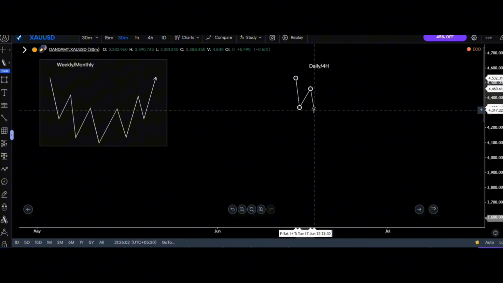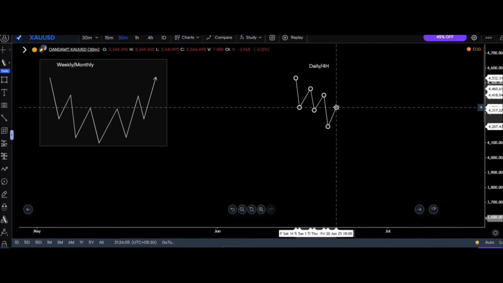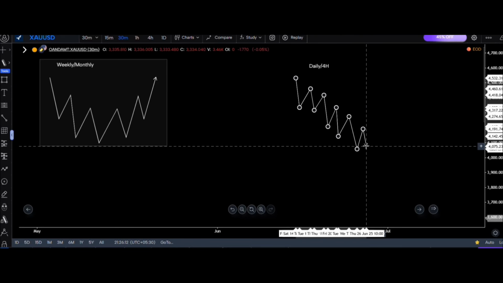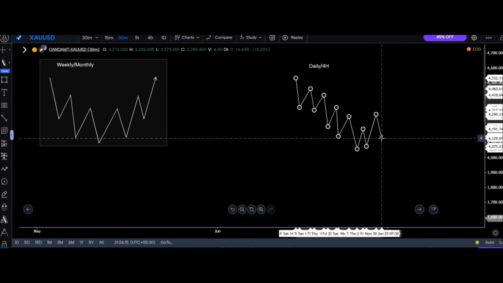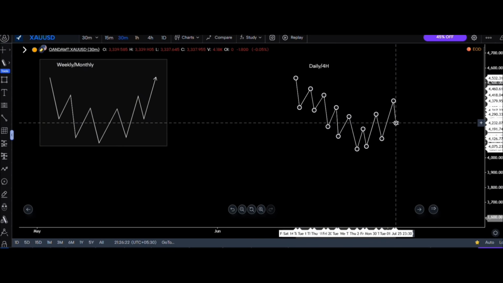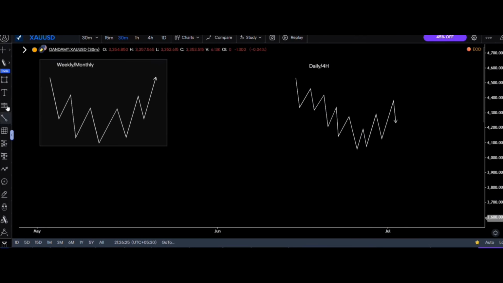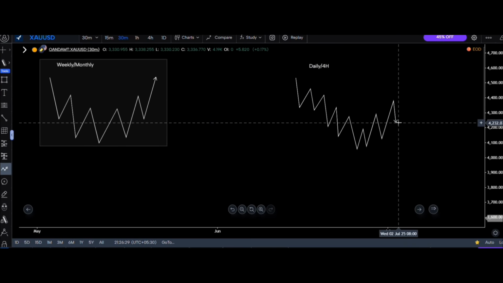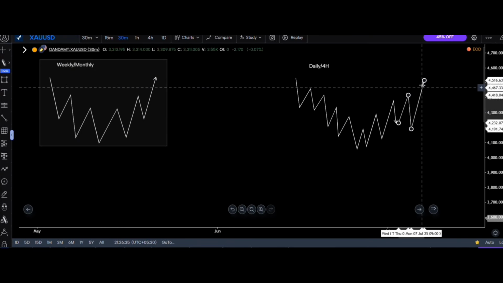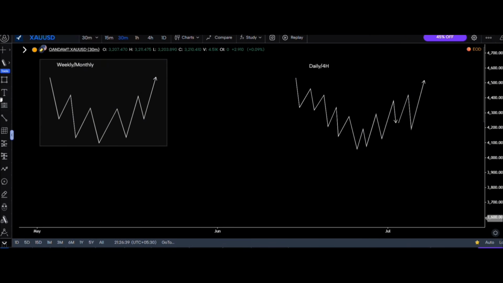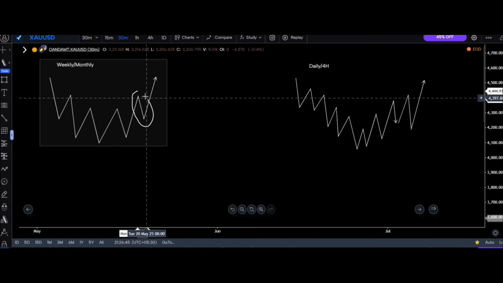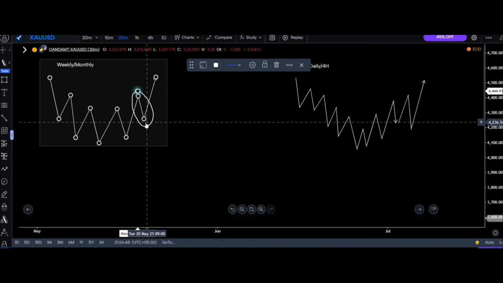The market moves like this. So we'll focus on this area here, leg down to leg up.